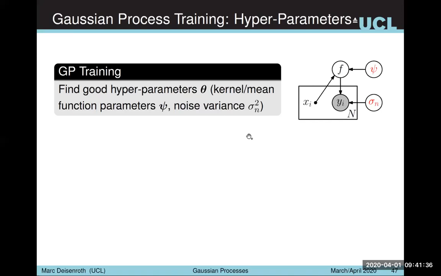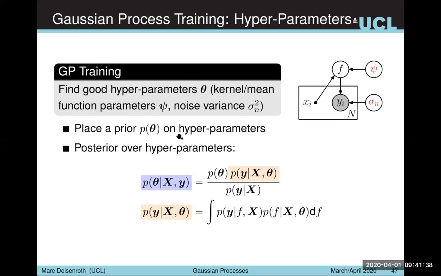Now, as you said before, we are placing a prior distribution on the set of hyperparameters here. And then we can find the posterior distribution, which is this blue distribution, P of theta given x and y. We use Bayes' theorem here. It's P of theta times P of y given x and theta divided by P of y given x.